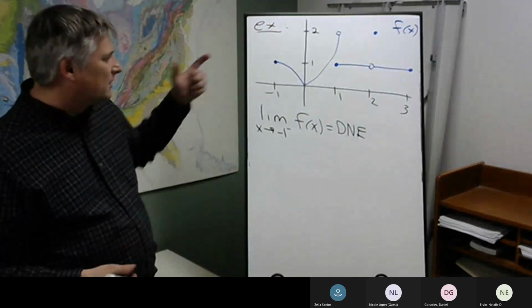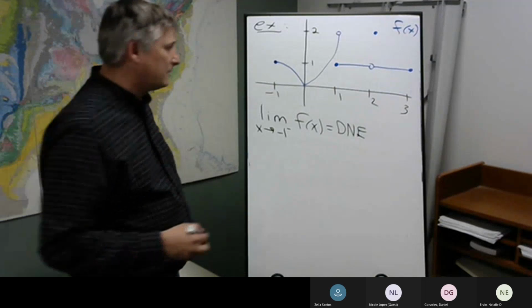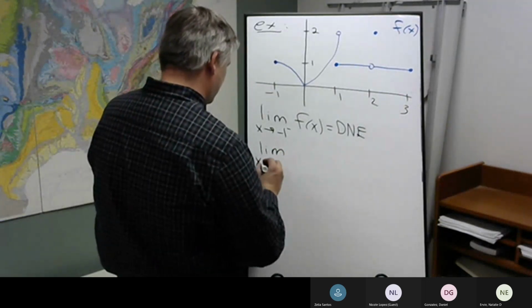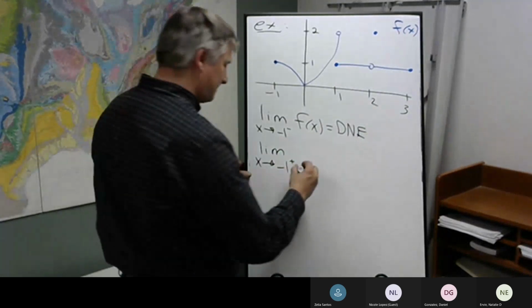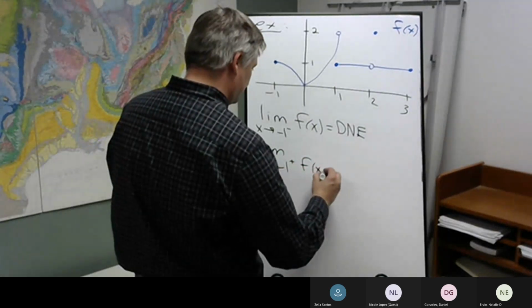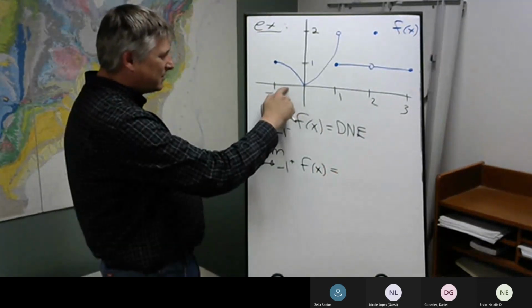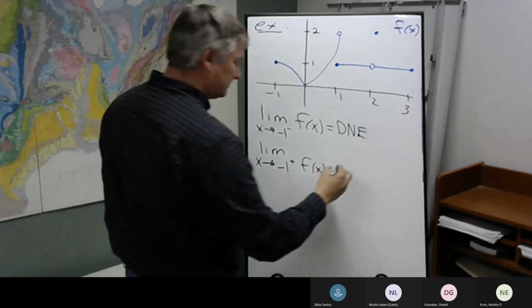There's no way we can pick any values to the left of -1. Now, we can say that the limit as x approaches -1 from the right does exist. And so when we're near -1 to the right of it, our f of x value is about 1.